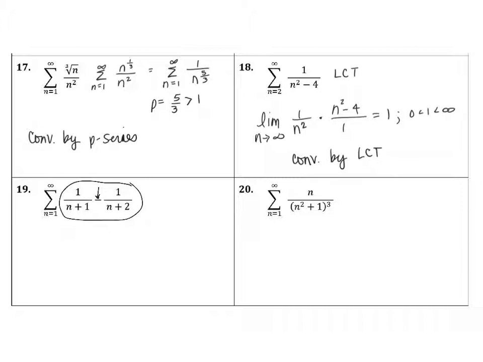I'm going to plug in a 1, so I get a half minus a third, plus, now let's plug in 2, so that's a third minus a fourth, plus, and let's plug in a 3. If I plug in 3, I get a fourth minus a fifth.